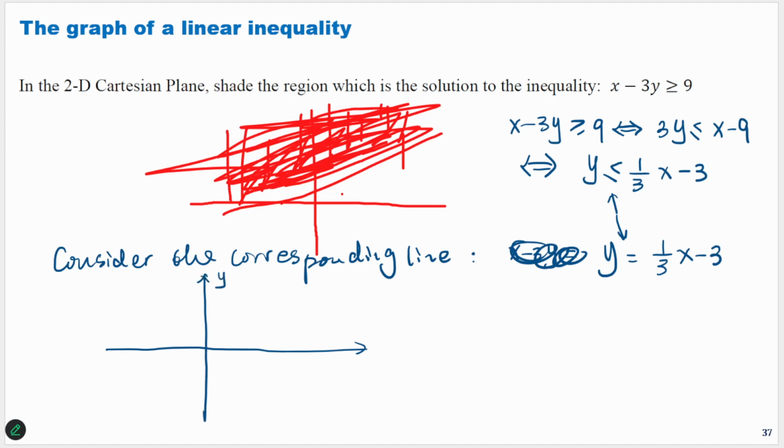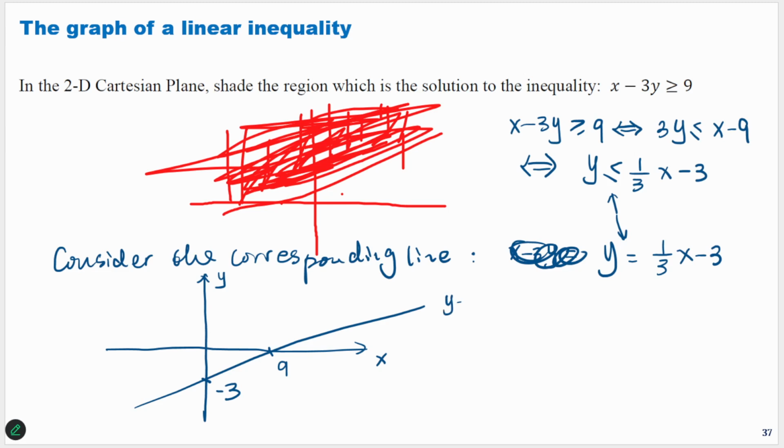So what does this line look like? It has a positive slope and it crosses the point (0, -3), which is something here. And when x equals 9, y equals 0. So the x-intercept is here. So basically, this is our line. Again, not necessarily to scale, as long as you keep all the elements in their right relative positions.